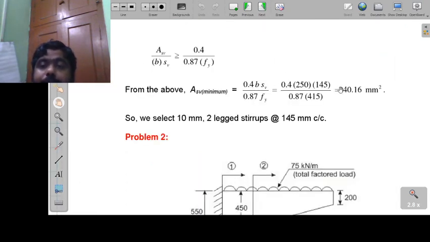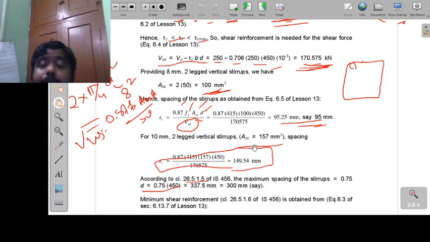So, it is taken as 145, we can apply it, and we can see that if we provide a spacing of 145, then we need to provide a minimum shear reinforcement area of 40.16. How much are we providing? This 145 is basically taken in case of 10 mm. So, even if you provide 10 mm legs, the area we are providing is 157 mm square, but actually we are supposed to provide 40.